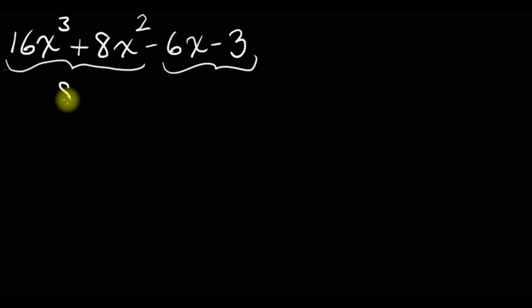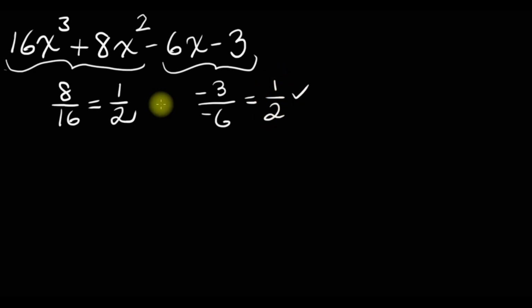So we're going to do 8 over 16, and that's going to give us 1/2. And then over here, you have negative 3 divided by negative 6, and when you reduce it, you also get 1/2. So 1/2 and then 1/2. Therefore, you have the same value. So yes, we can go ahead and use grouping.